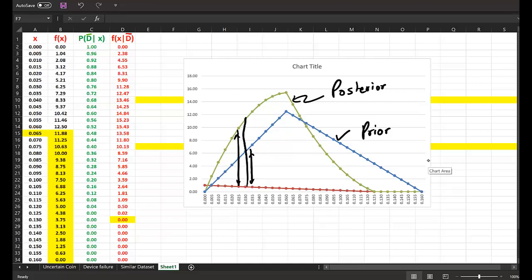So this data is increasing the probability of detecting a flaw with a smaller size. Of course, if you have a different prior distribution, then your posterior may shift to the right side or to the left side, depending upon the prior distribution. So basically the likelihood function is behaving as a filter, and that changes the nature of the posterior distribution.